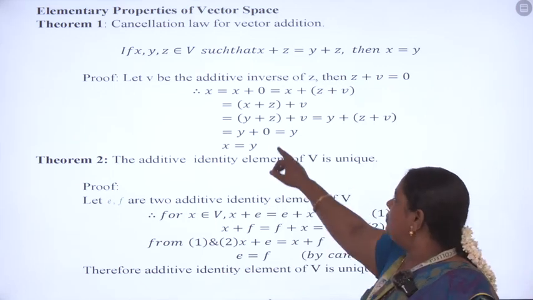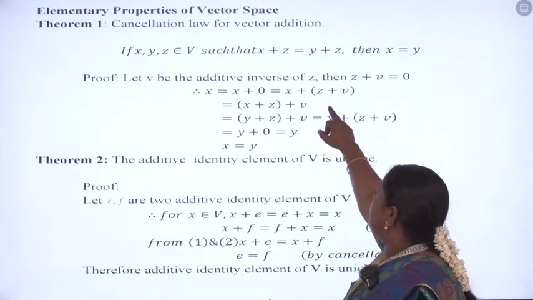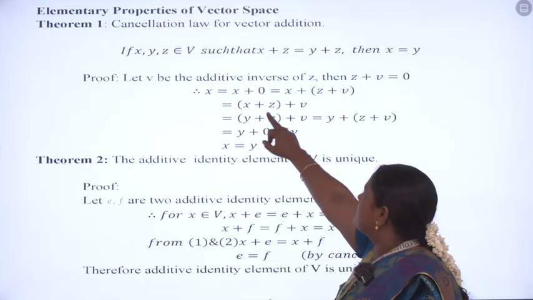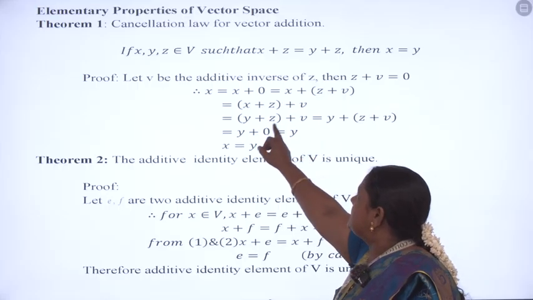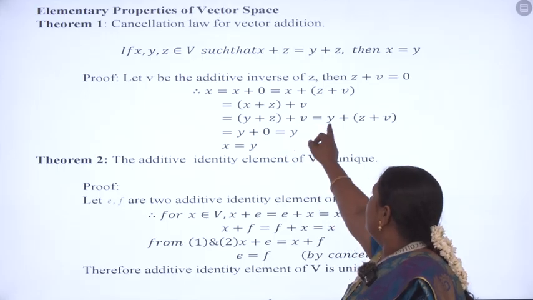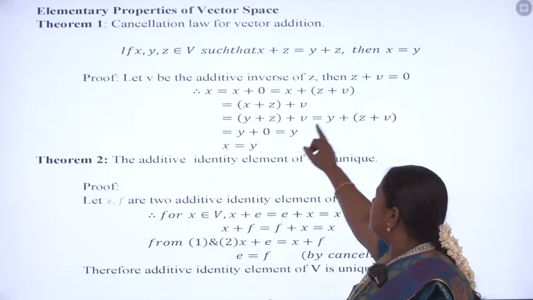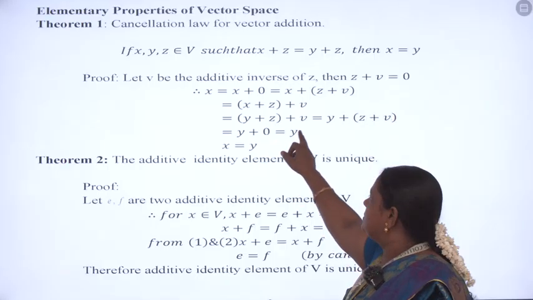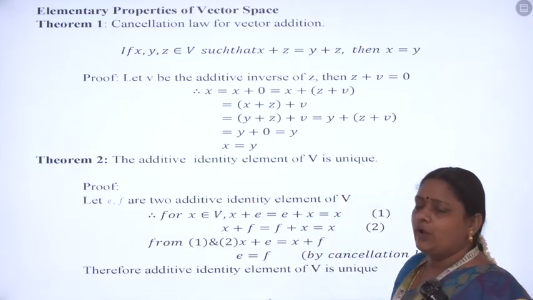Therefore, x is equal to x plus 0. Instead of 0, we can replace z plus b. Then combine these two, so x plus z plus b. The x plus z is nothing but y plus z, plus b. Then y plus, combining these two, z plus b. So z plus b is nothing but 0. So y plus 0 is equal to y. So we can say that x is equal to y.